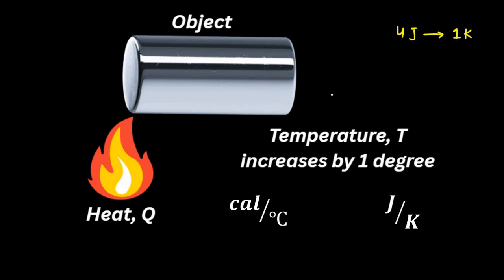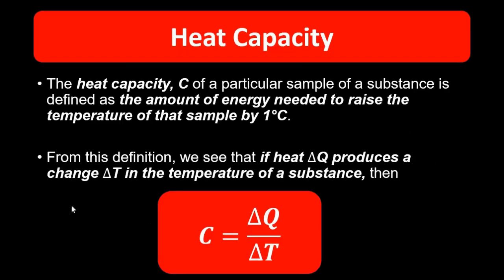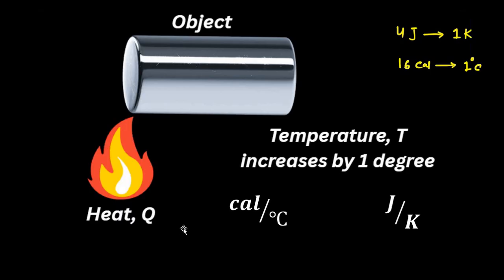This is not a real example, I'm just giving this to make you understand. Similarly, let's say if I give 16 calories of energy and the temperature increases by 1 degree Celsius, the heat capacity in CGS unit is 16 calorie per degree Celsius.